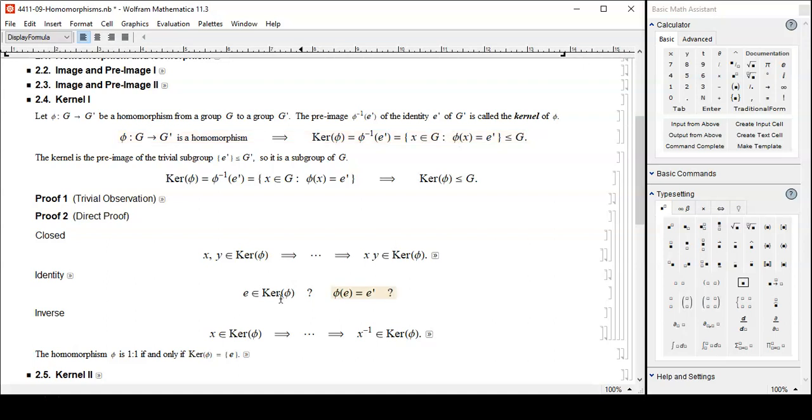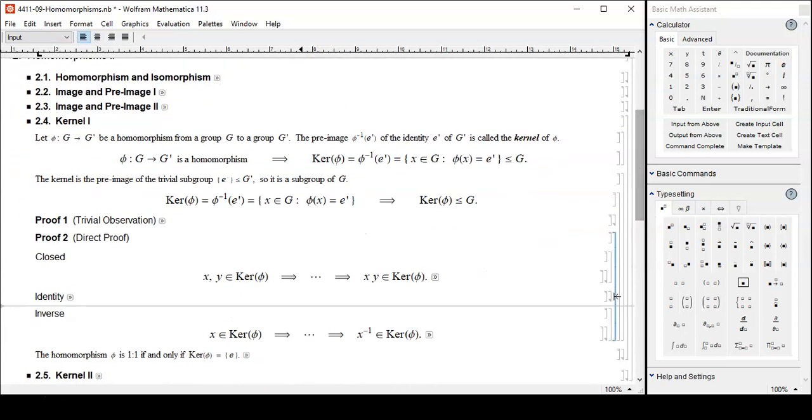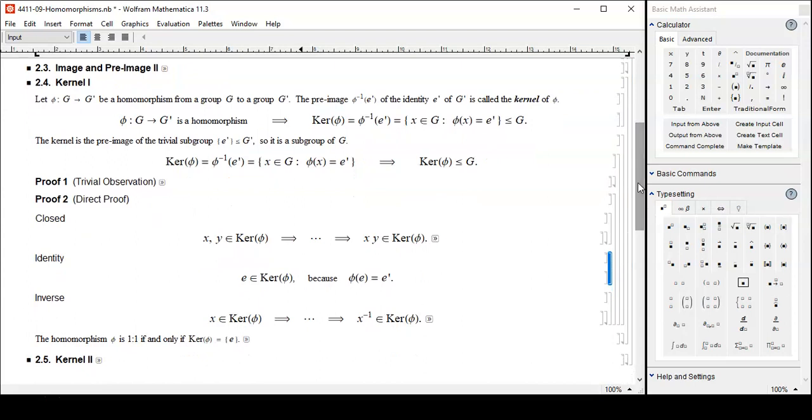So E belongs to the kernel means phi of E is E prime. Is this true? Of course it is true. We already proved that way back in section 1. Homomorphisms preserve the identity and inverse and also the group operation. So E belongs to the kernel because phi of E is E prime. Okay, that was easy.